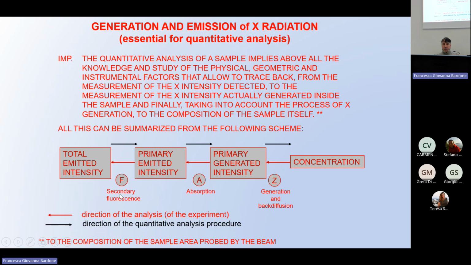If you know the fluorescence of a specific material which is inside, called the F parameter, you can derive, going the way back along the black arrow, the primary emitted intensity. What does it mean? Remember, the electrons go inside microns and are ionizing microns inside. And X-rays are produced in this small volume.